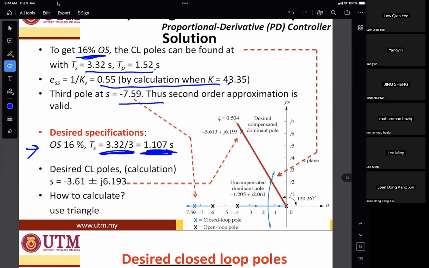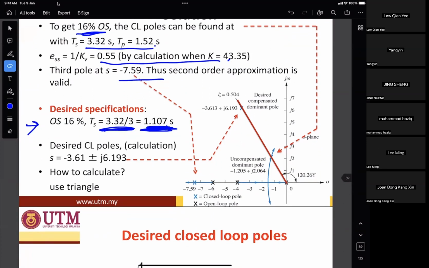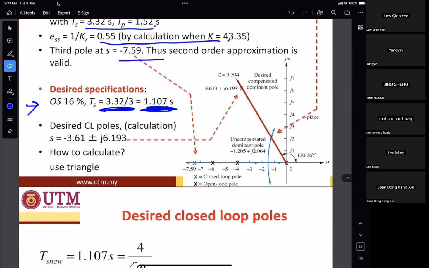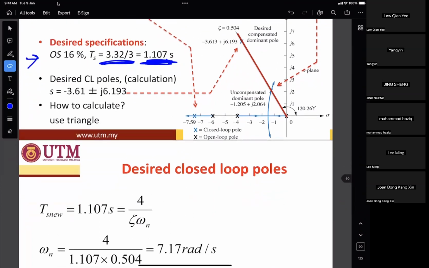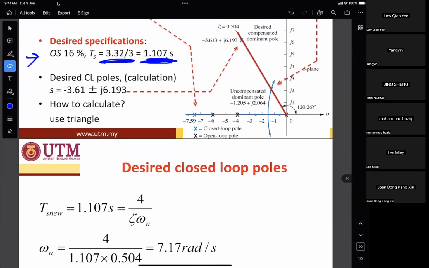So what shall we do? We have to find the point, which is Ts.